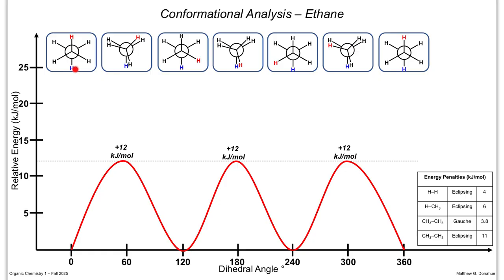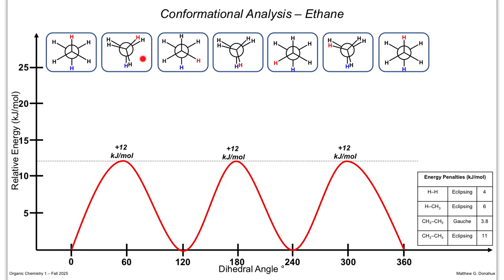We're keeping that blue hydrogen the same and then rotating the front red one clockwise. So the staggered we're saying has, and this is relative energy, I don't mean there's no energy, but relative to the staggered one, when you do the eclipsed, it's plus 12 kilojoules per mole penalty to get past that rotation.